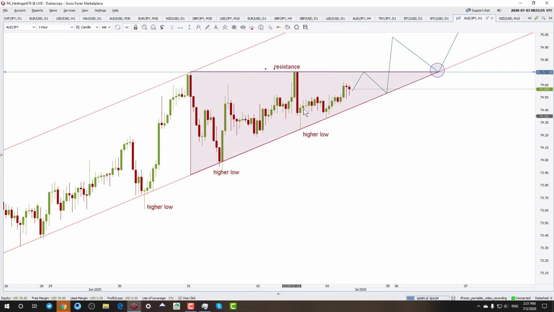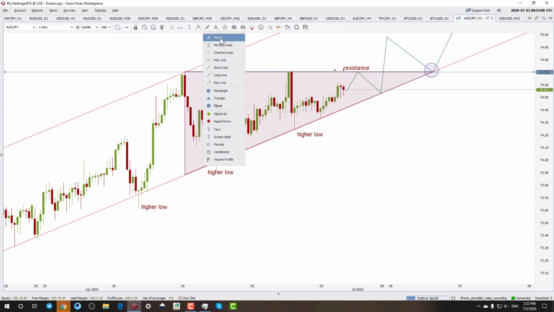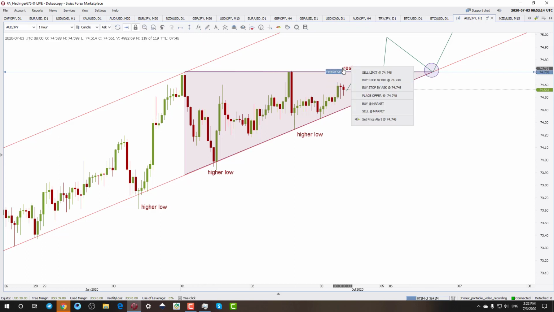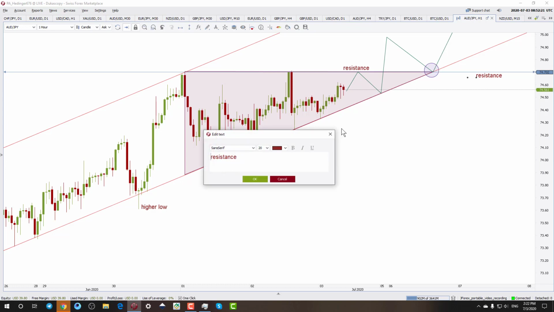You see friends, this is a resistance, and we have already learned that once a resistance gets broken, like here, then it turns out to be a support in the future. So after the break, this resistance is going to become a support. So here it will become a support.